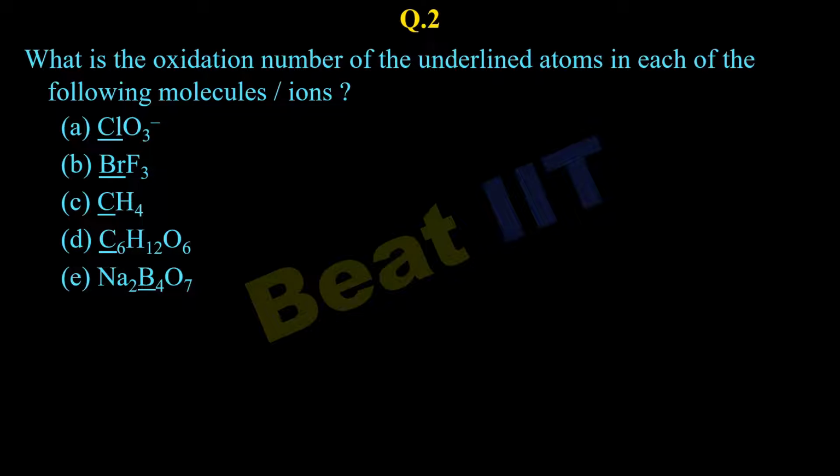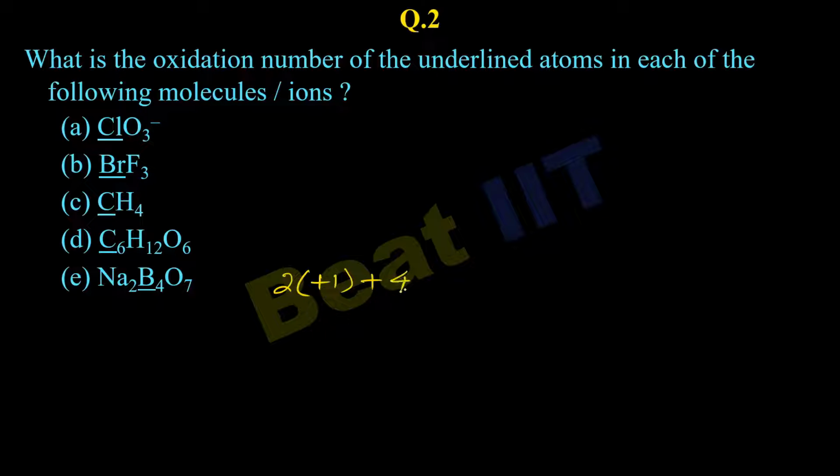Next, we have to calculate the oxidation number of boron in Na2B4O7. Again, it is a molecule, no charge. It means the sum of all oxidation states will be 0. Sodium will always have oxidation state plus 1 in its compounds, but we have 2 sodiums, so 2 times plus 1, plus boron, which we have to calculate.